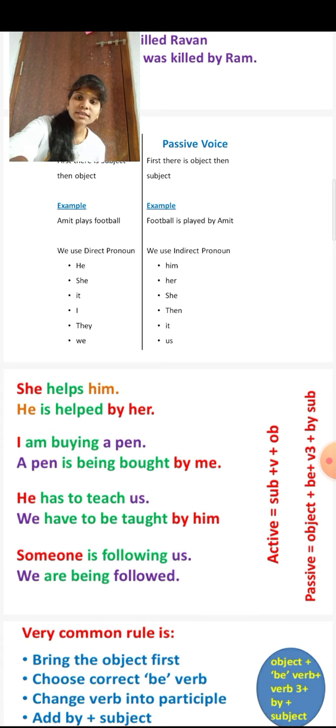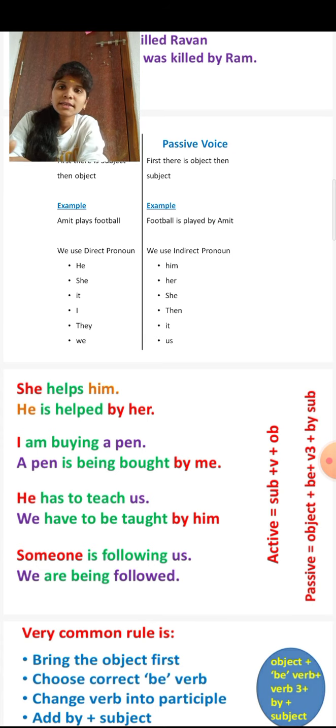So here, she helps him. You have to see the sentence on our slide. She helps him. He is helped by her. Because of she, when the subject she is made the object, she will become her. And helps is a sentence already in the present tense, means subject plus verb plus object.